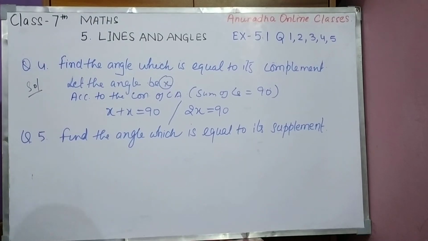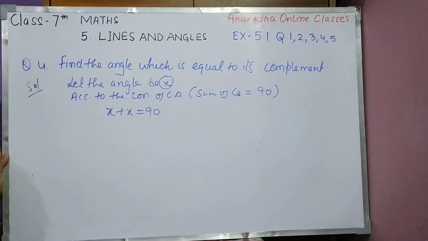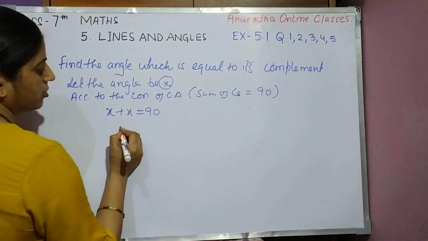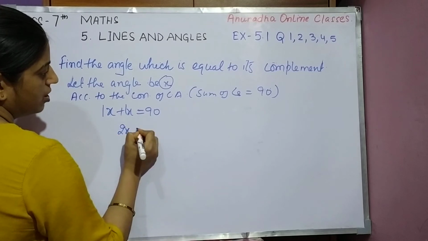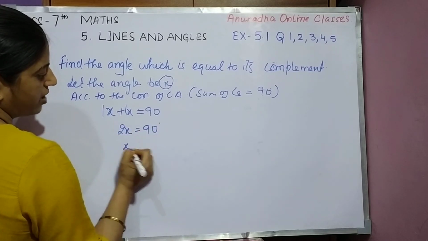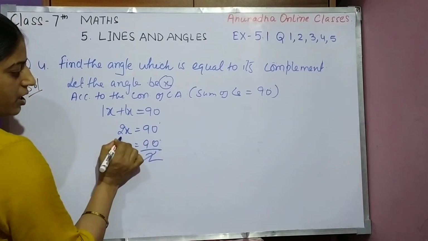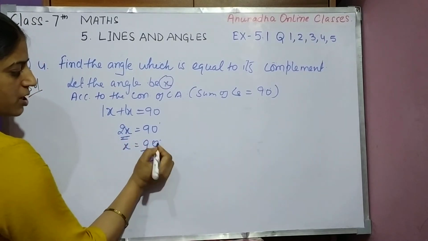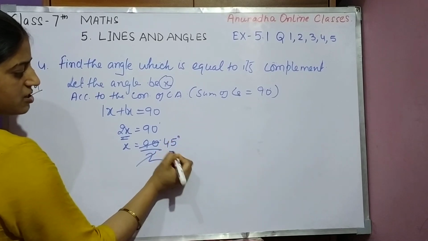Okay, let me do it like this, otherwise you will get confused. x plus x is 90 degree. So 1x, 1x, 2x. 2x is equal to 90 degree. So x is equal to 90 degree upon 2. Here it is multiplying, so when it comes here it will divide. 2 4s are 8 and 2 5s are 10. This is 45 degree.